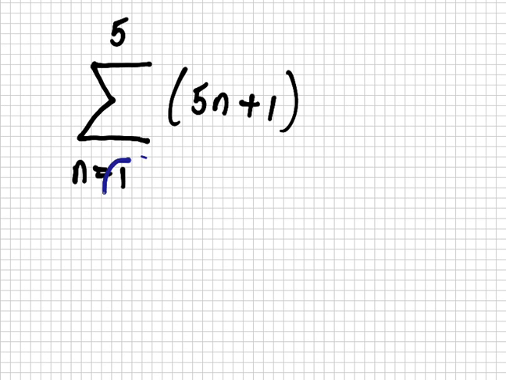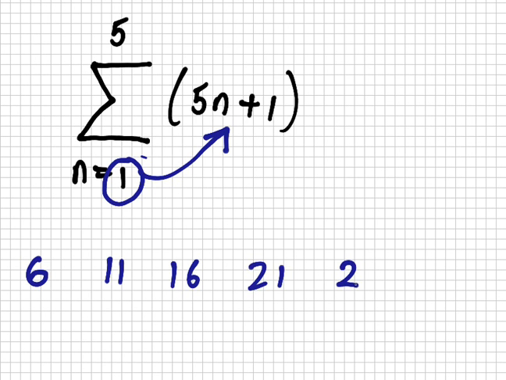That's it. You start with n equals 1 and you put that inside the general formula and you would get a 6. Then after 1 is 2, of course, so you get 11. And then next is 3, you get 16, 21, and finally 26. The reason I stop here is because I've reached n equals 5.